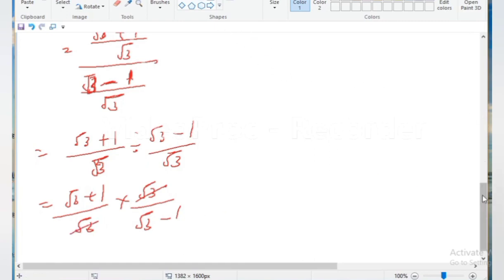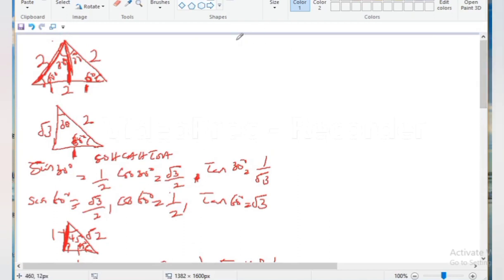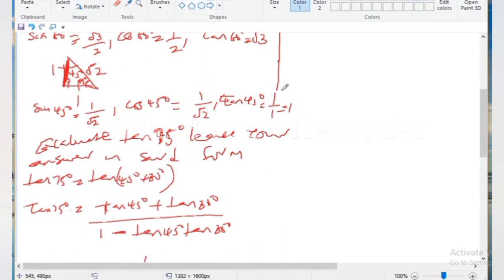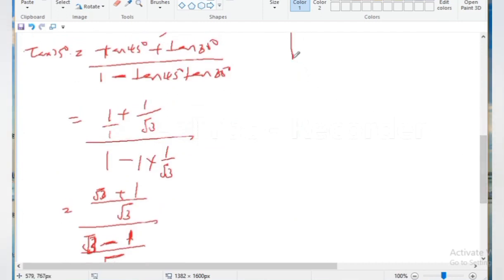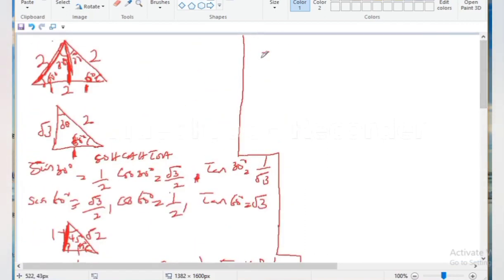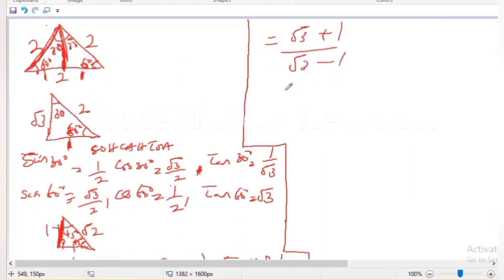Then your answer is, so, your answer is going to be root 3 plus 1 over root 3 minus 1. So from here you can rationalize.